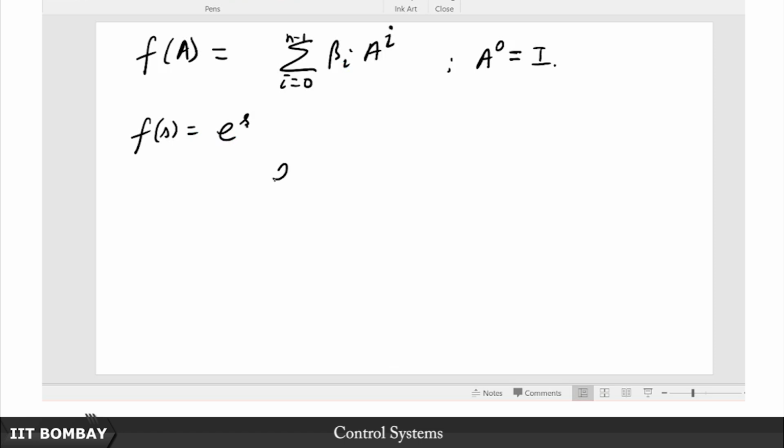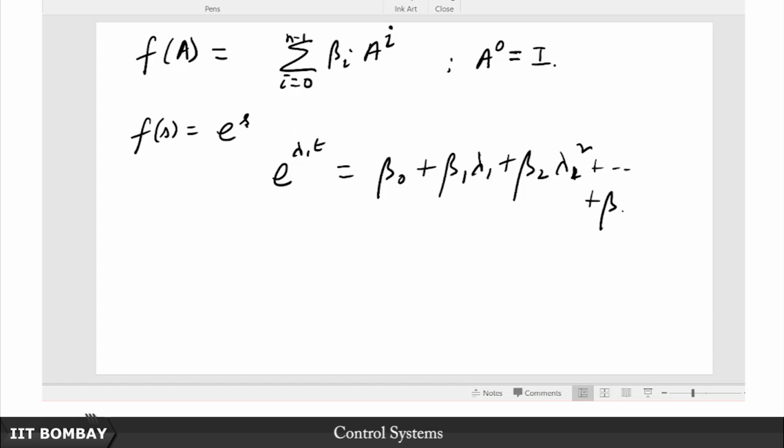So let me take e to the lambda 1 t equal to beta 0 plus beta 1 lambda 1 plus beta 2 lambda 1 squared plus dot dot dot till plus beta n minus 1 lambda 1 to the n minus 1.